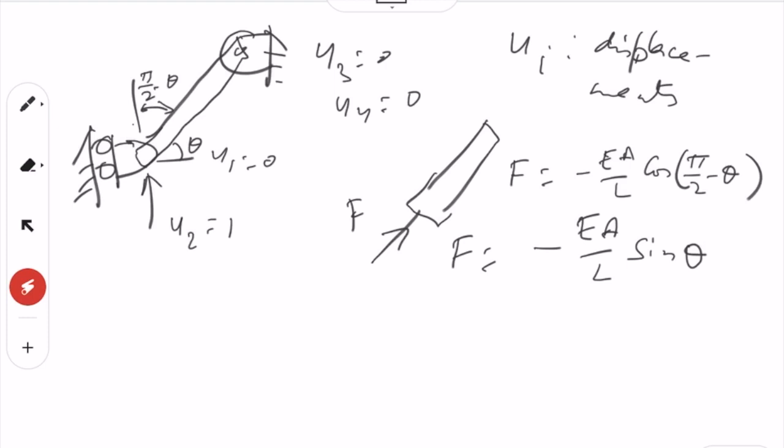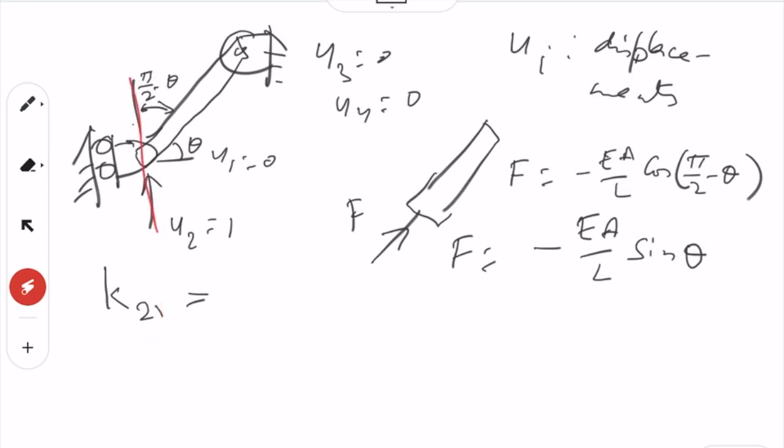So if F is like this, what is the component in this direction? In this direction you will have simply F multiplied by cos theta, hence you have sin theta cos theta, right? Basically if you want to find k, we have applied u2 equal to 1, meaning we have displaced along degree of freedom 2 and are measuring the force along degree of freedom 1.